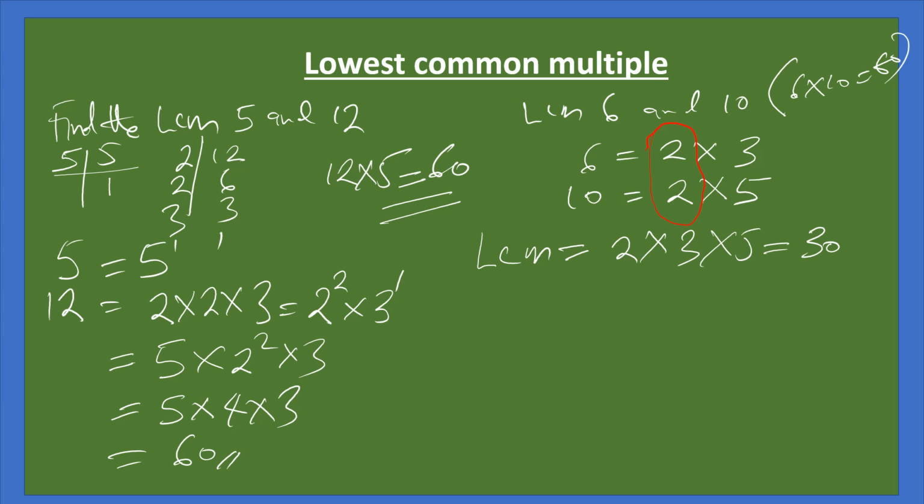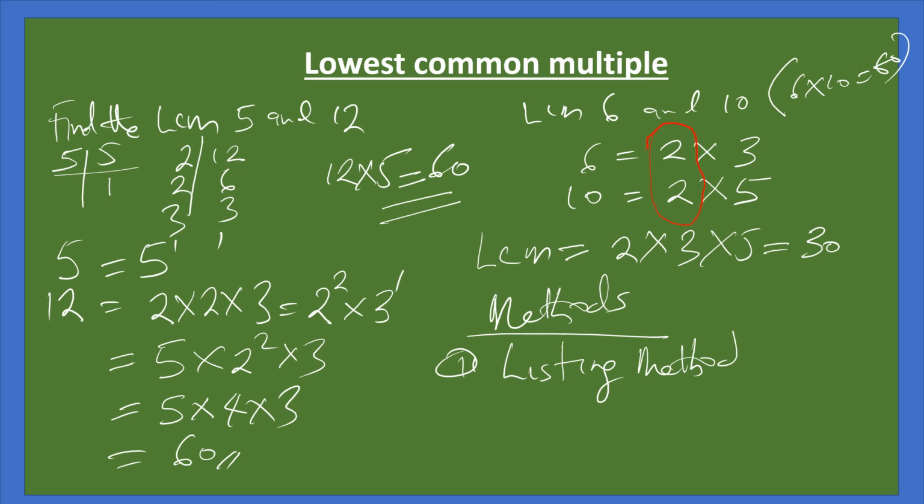So in all, the methods you can use to solve questions in LCM: the first one is the listing method, where you list all the multiples and try to find the lowest among the common multiples that appeared between them.